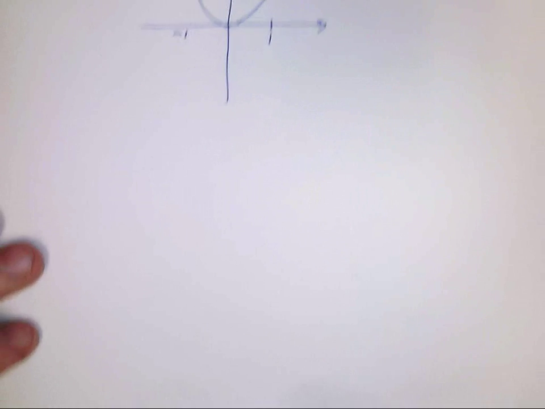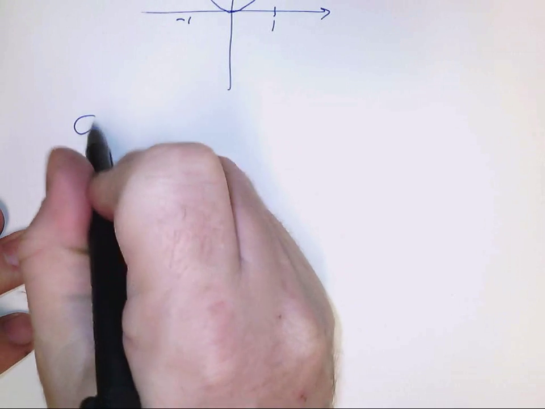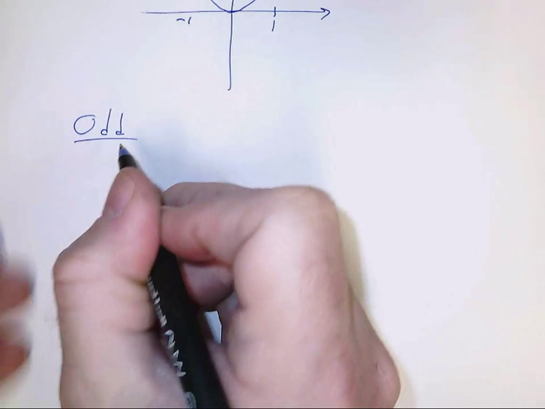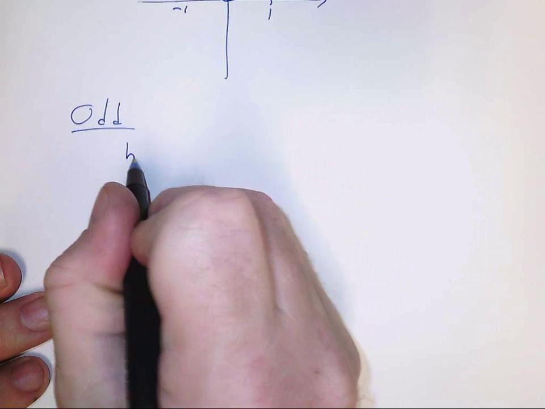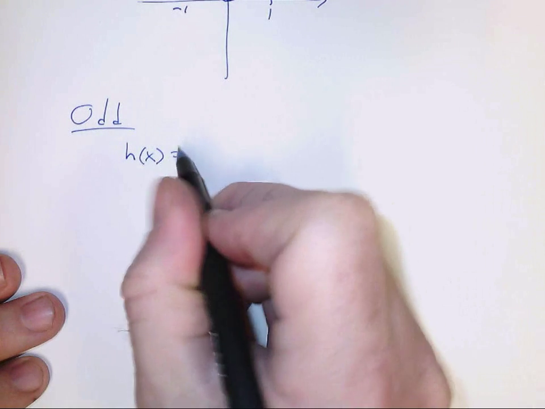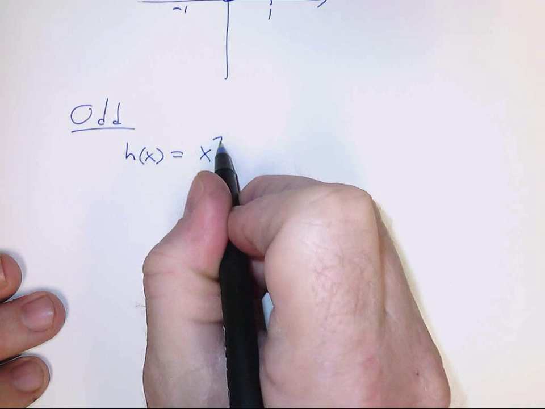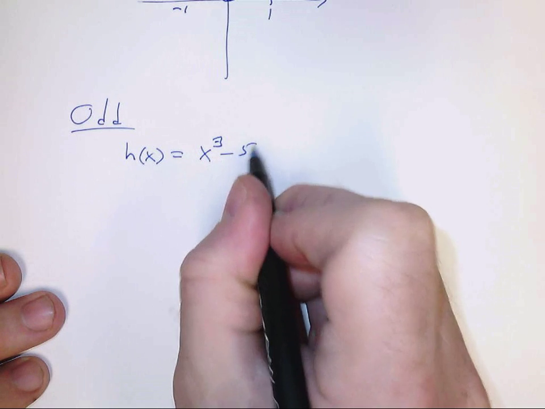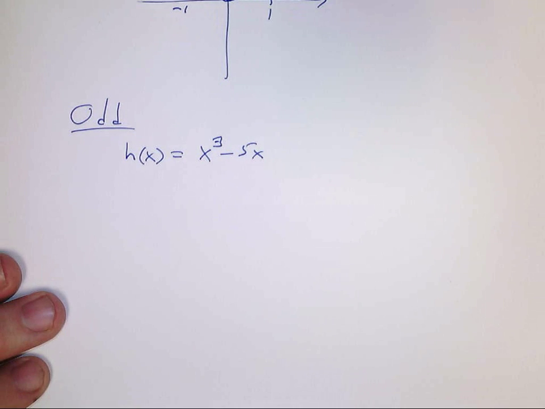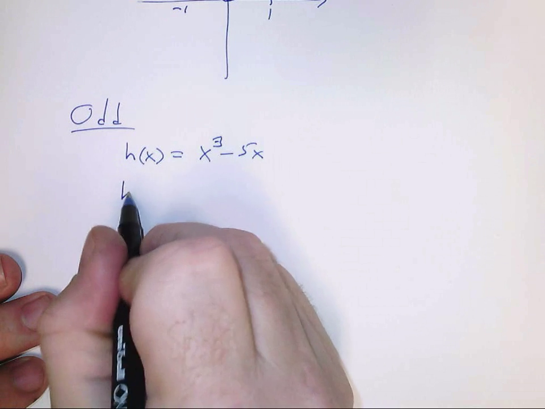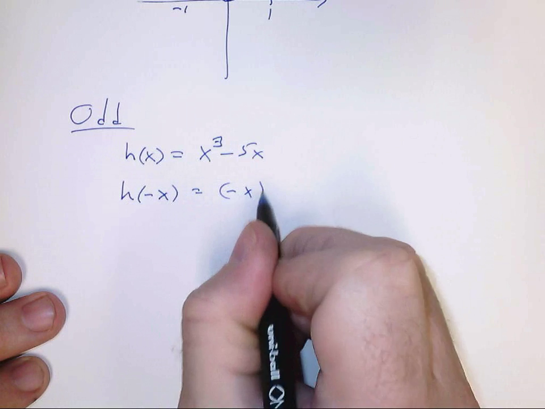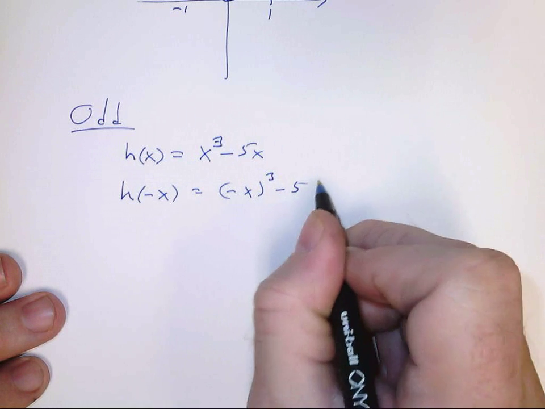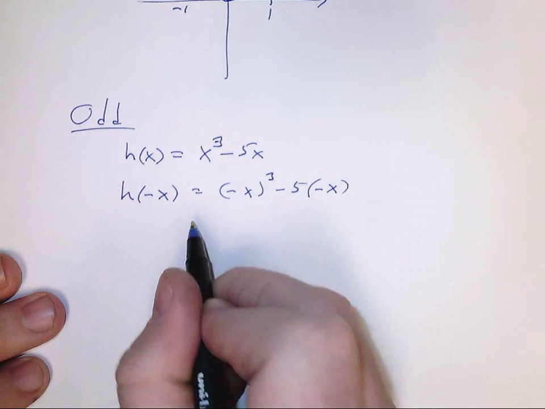Now for odd functions, we can have h of x is x cubed minus 5x, right? So h of negative x is negative x cubed minus 5 times negative x.